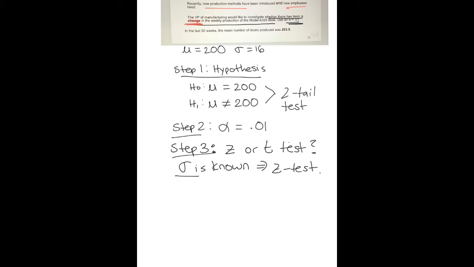Okay, step four. Step four sets up our decision rule. This is where we create the criteria for our test. Now think back on the process that we just did in a previous video where we estimated the z-critical value for a two-sided test.